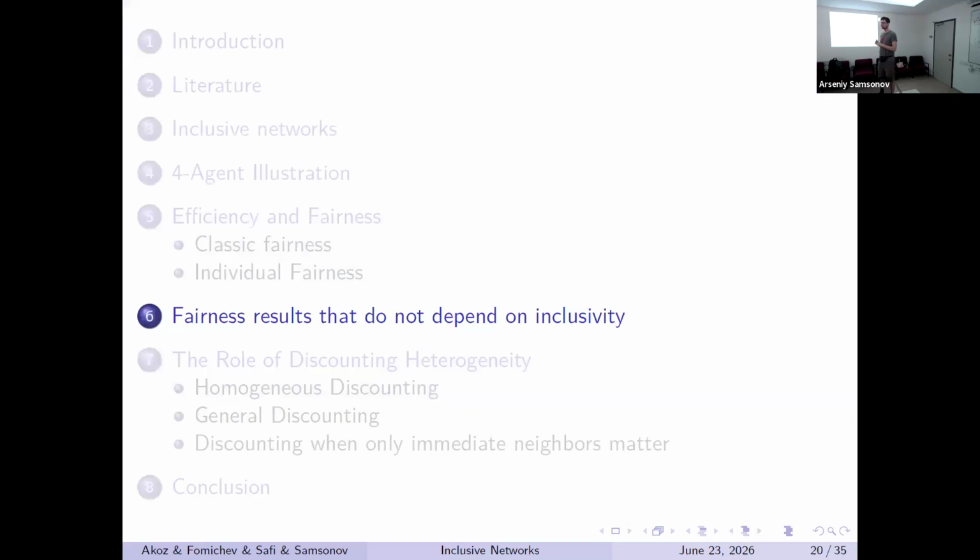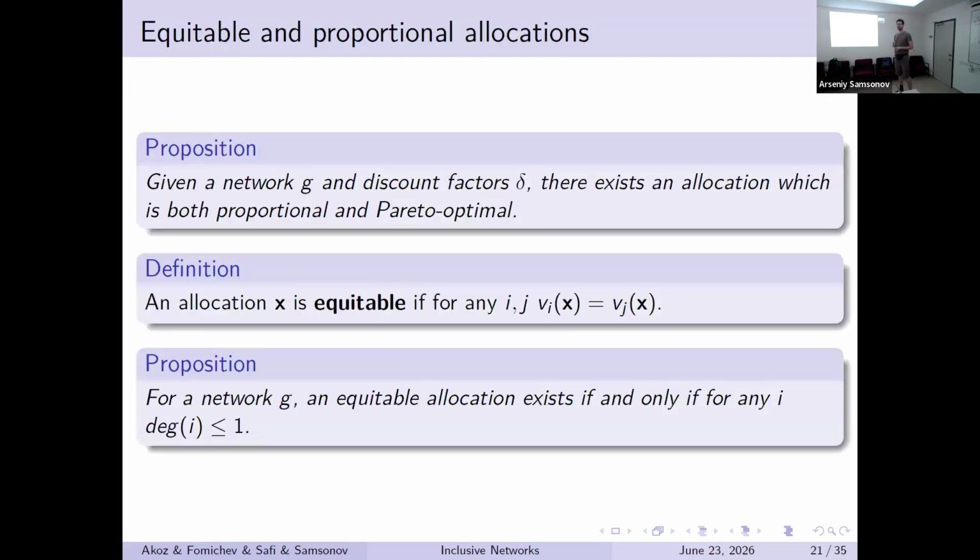Here is one simple result, but I think it's a bit surprising. One very strong fairness concept is equitable. An allocation is equitable if everyone gets the same utility. It's probably the strongest fairness notion you can demand.